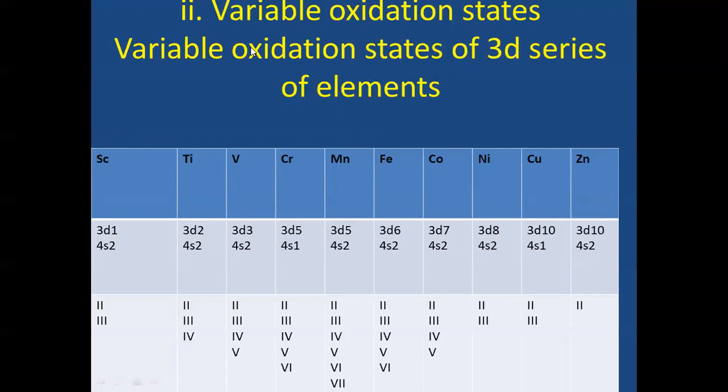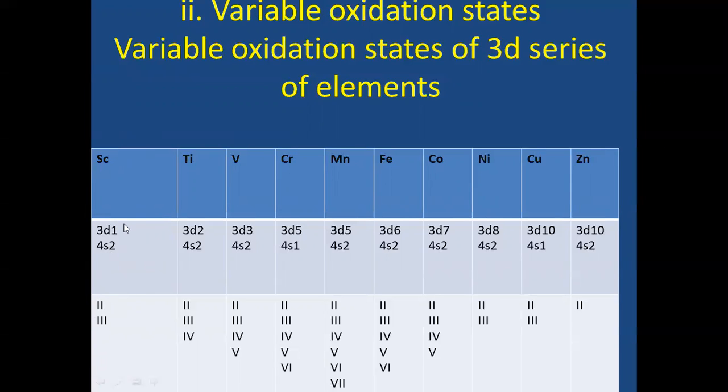Therefore, the oxidation state of these elements is the number of electrons that can be lost by a particular metal. When electrons are lost, we assign a positive sign. Therefore, the oxidation state of scandium is either +1, +2, or +3.